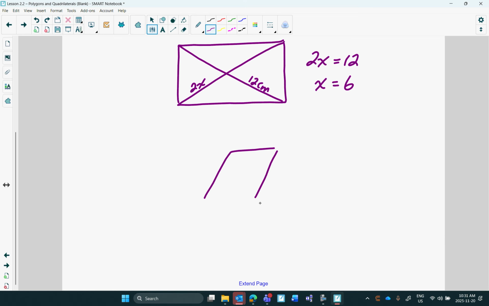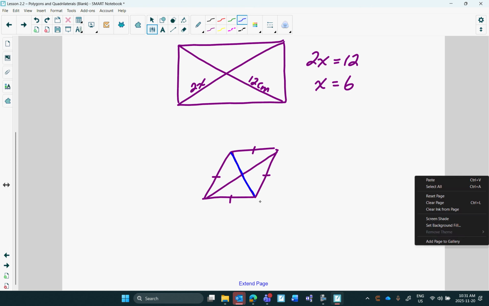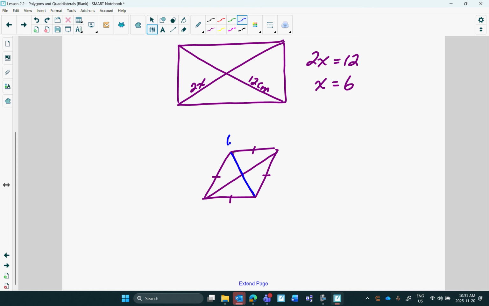This is a rhombus. This whole diagonal is 6. This whole diagonal is 8.